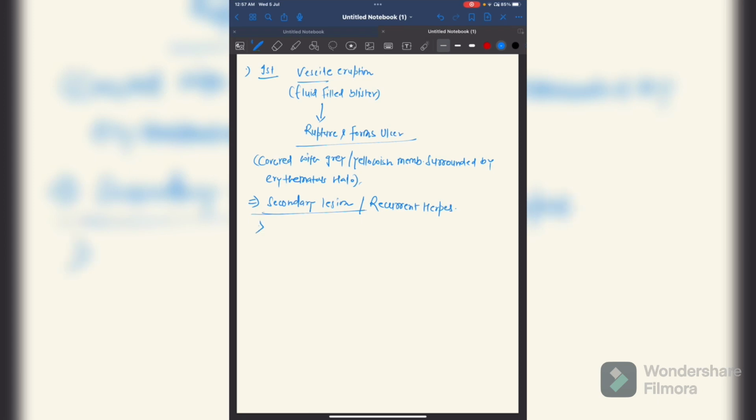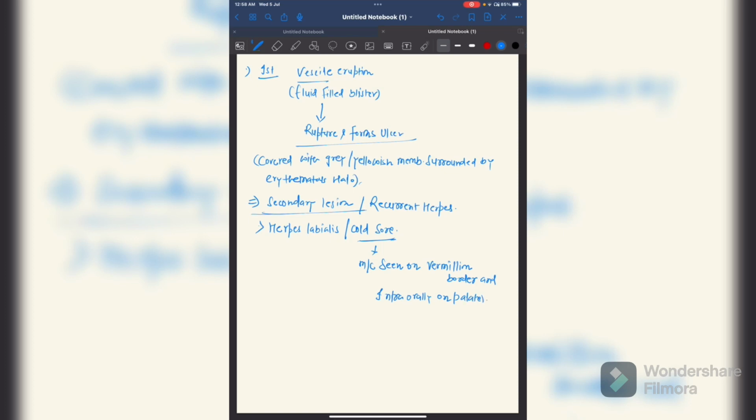Another name of this recurrent herpes is herpes labialis. It is also known as cold sore. And this cold sore is most commonly seen on the vermilion border and intraorally on the palate.